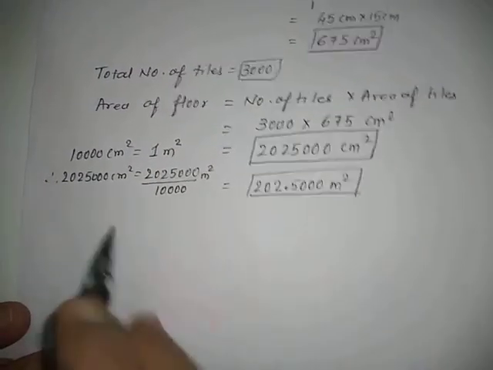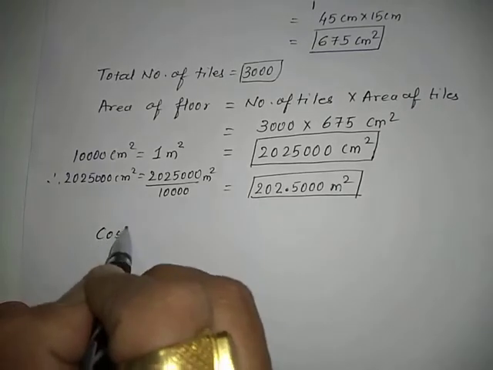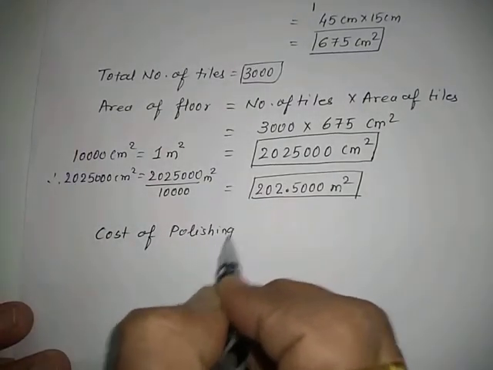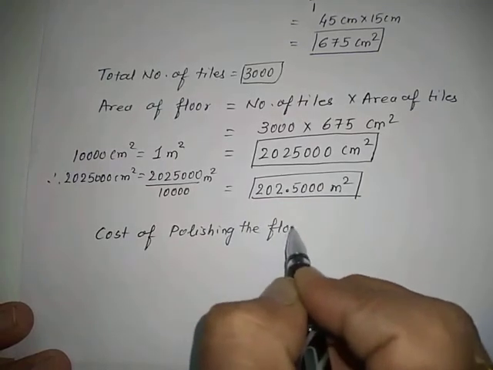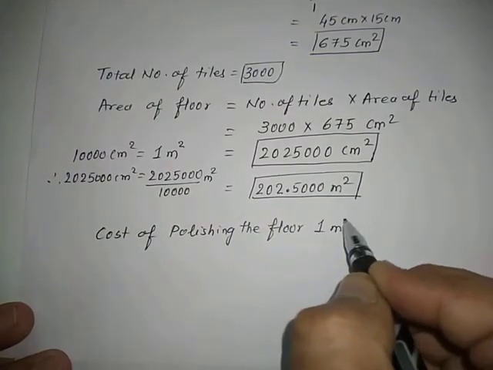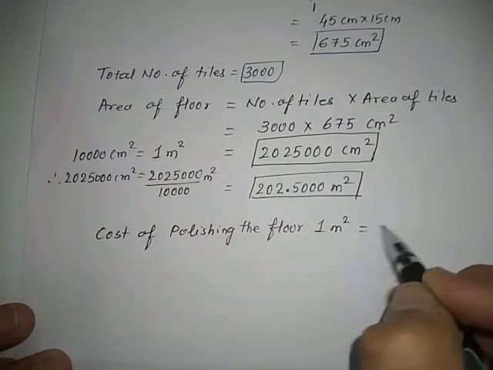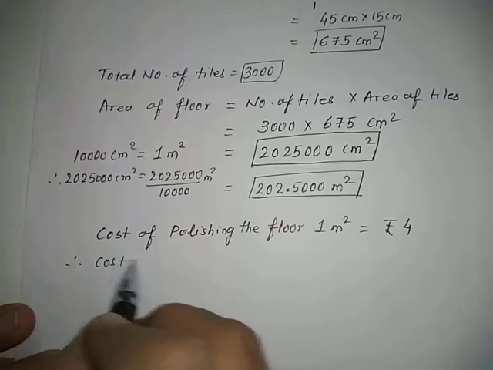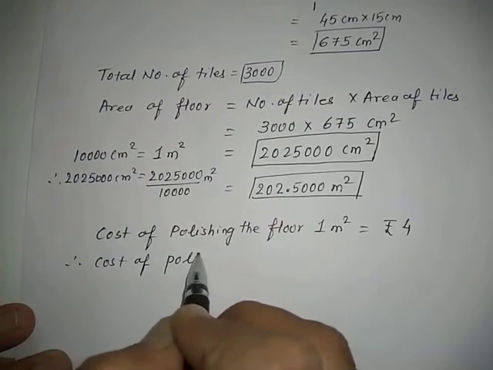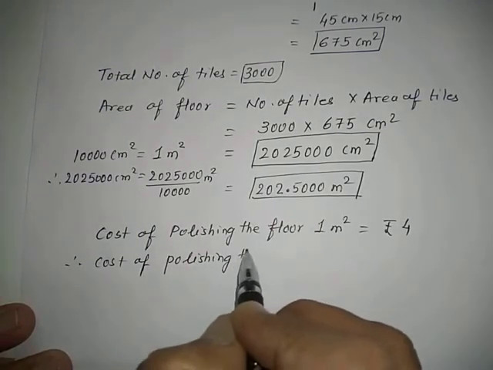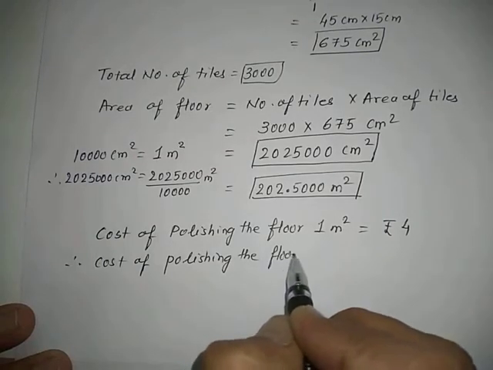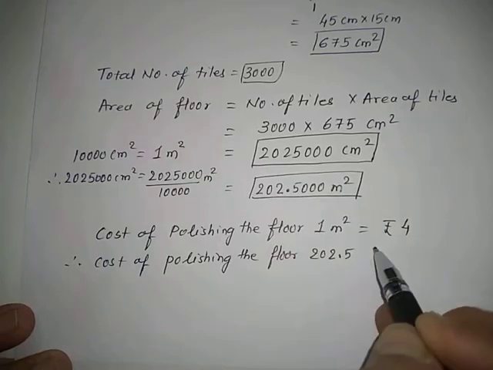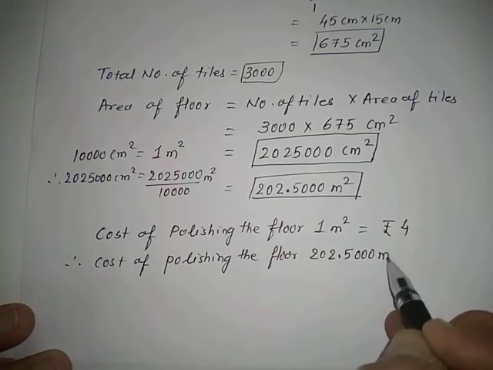Now we want to find the cost of polishing. So the cost of polishing the floor: 1 meter square is equal to rupees 4. Therefore the cost of polishing the entire floor, the complete floor, how much? 202.5 meter square.